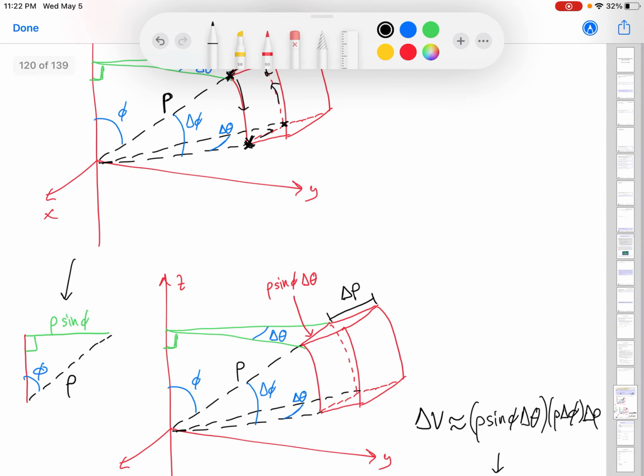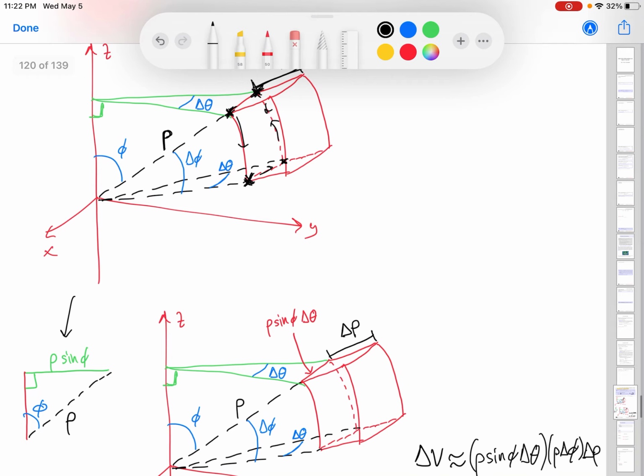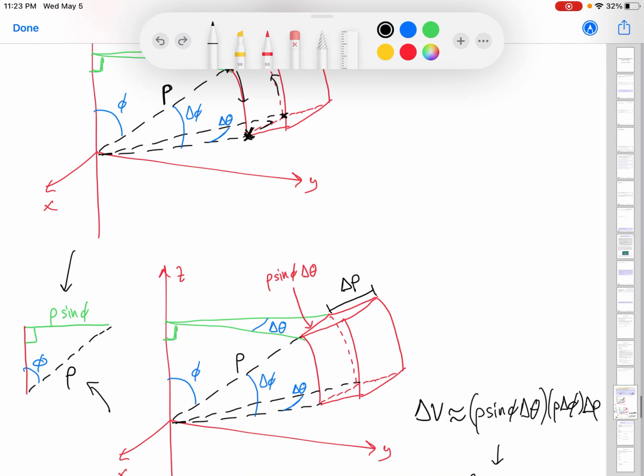So that's down here. The reason I want to pop it out is because this is rho. This is the hypotenuse of this triangle, that's this length right there. And this interior angle here is phi. That's what it was at the very beginning when we started talking about this diagram. And so sine of phi is the opposite side over the hypotenuse, which is rho.